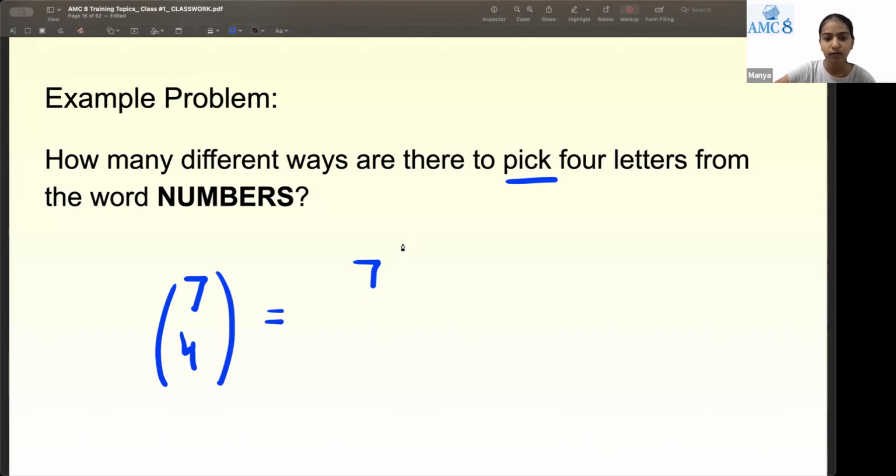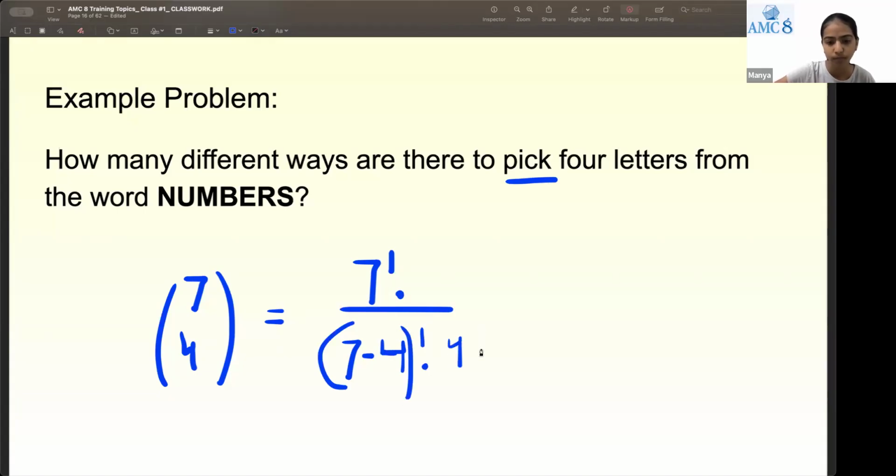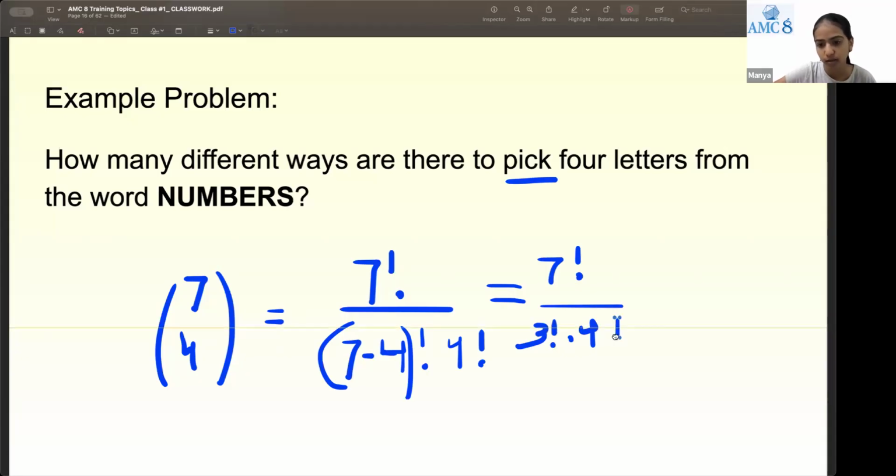And that would be equal to 7 factorial divided by 7 minus 4 factorial times 4 factorial. And this would be equal to 7 factorial divided by 3 factorial times 4 factorial, which is the same thing as 7 times 6 times 5 times 4 factorial.